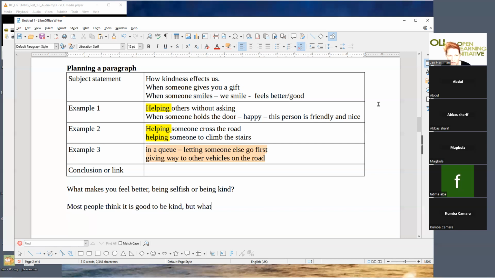But what is kindness? All right. That's okay. So if we start with that, then we could talk about helping other people without asking, helping someone across the road. Okay. So there's different ways that you can start this sentence. Now I've come up with two questions that we could start with.